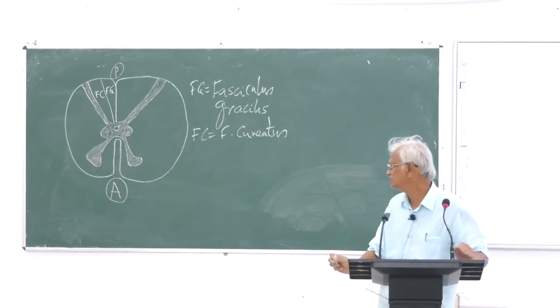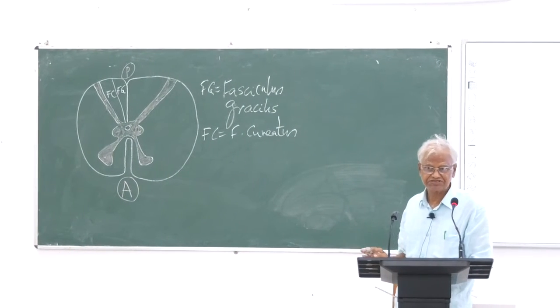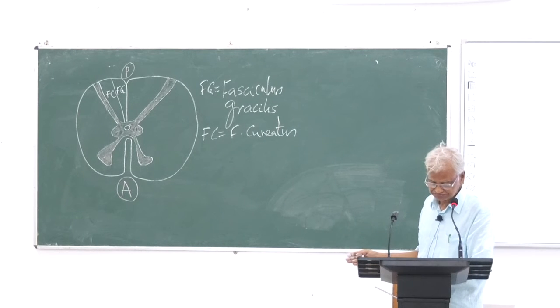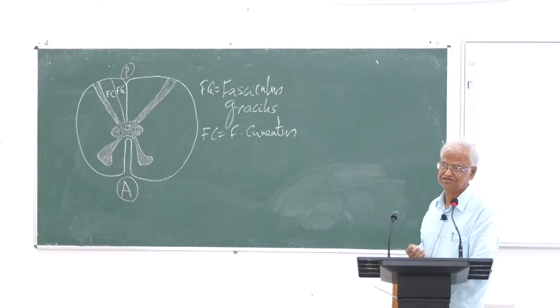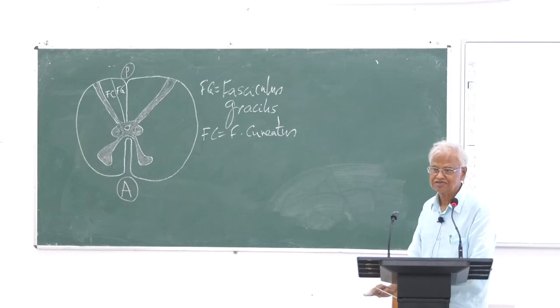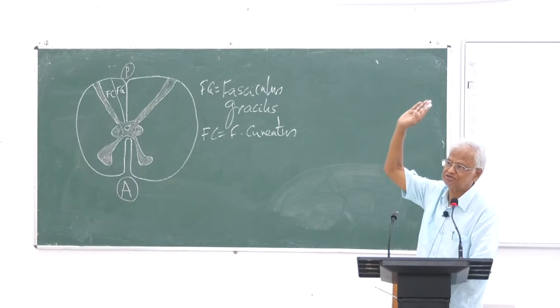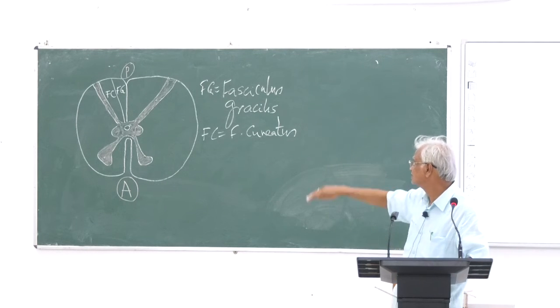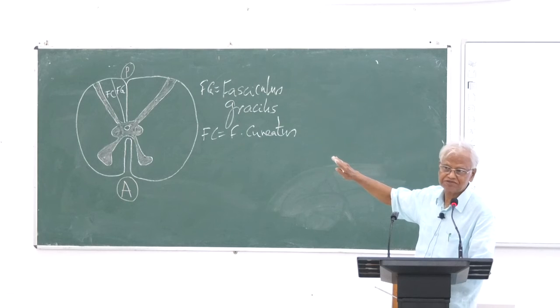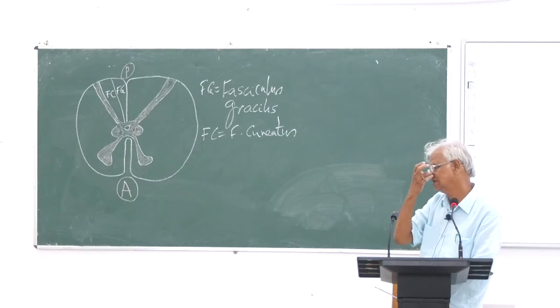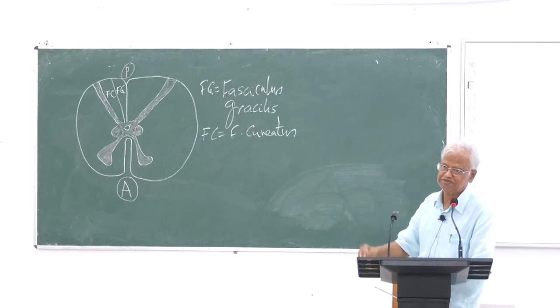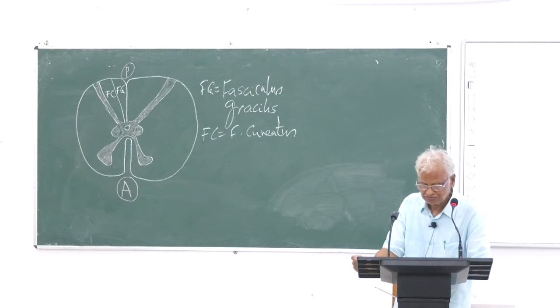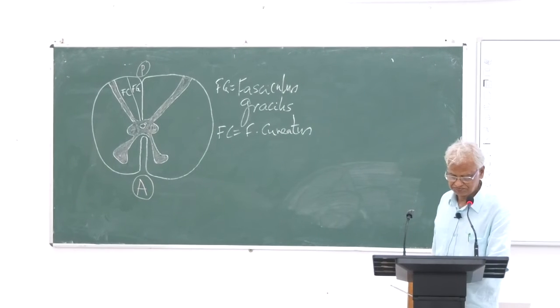For the sake of simplicity, the ascending tracts, which carry sensations from lower to upwards towards the brain, are shown in the left half of the picture, and the downward fibers, called the descending tracts, will be shown in the right side of the picture.